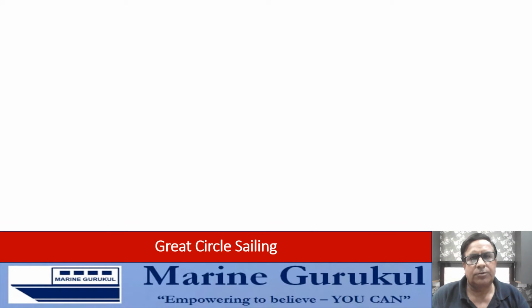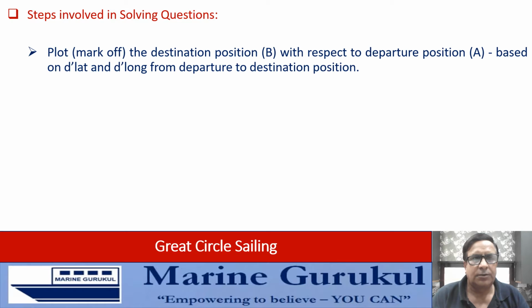Now great circle questions can be easily handled if we follow certain definite steps like a drill. The steps involved in solving the great circle sailing questions are: first we need to plot or mark off the departure position, and in relation to the departure position we need to mark off our destination position.